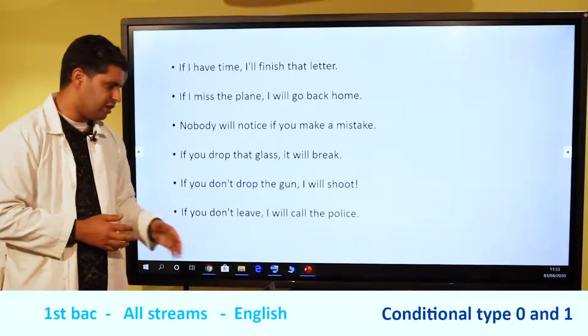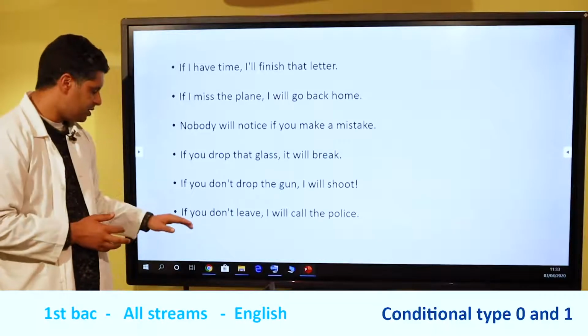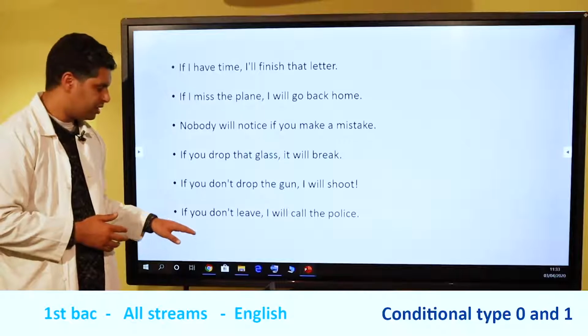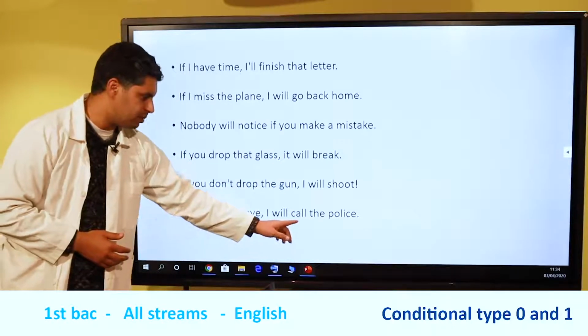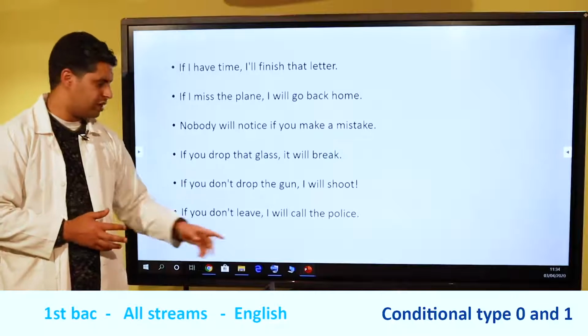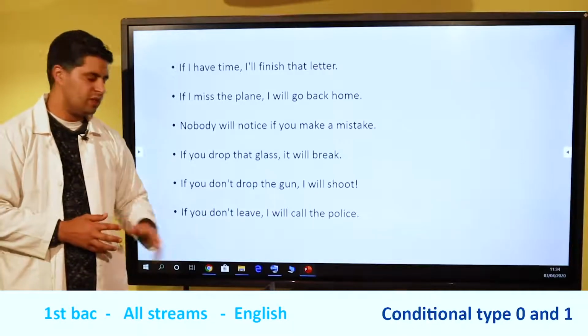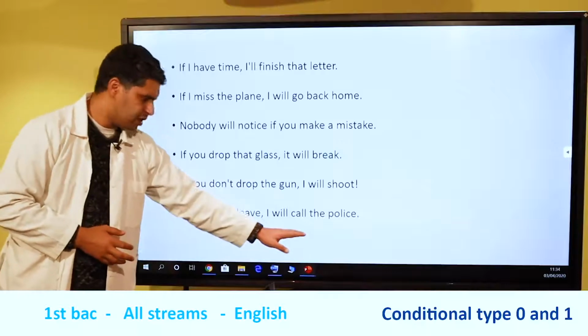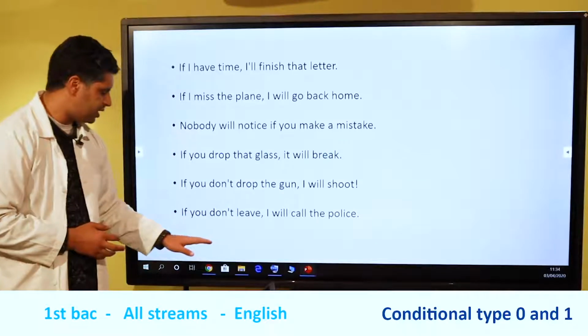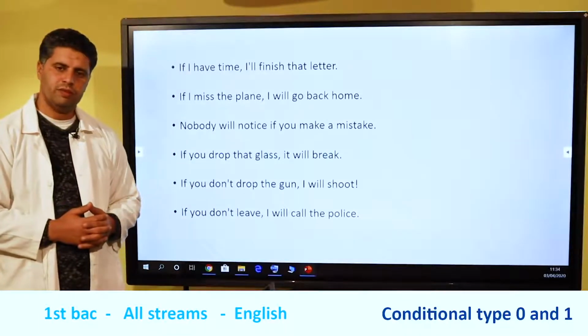If you don't leave, I will call the police. So here, as you can see, we have the conjunction if because it is the cause, and here we have the future simple, subject plus will plus call, and here the verb is to call. It is the form of the future simple, as you can see. In the second part we have the future simple, and here we have the present simple.